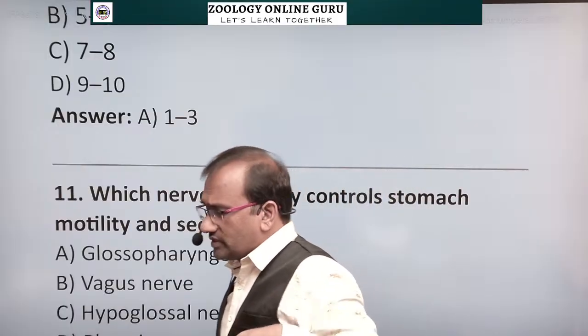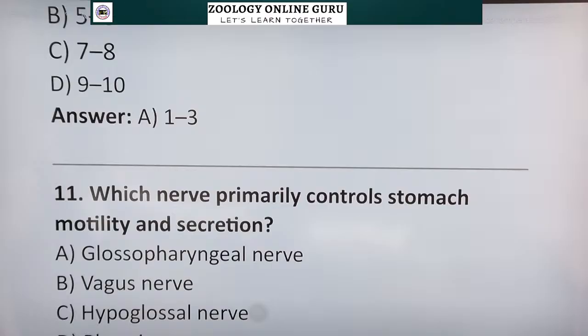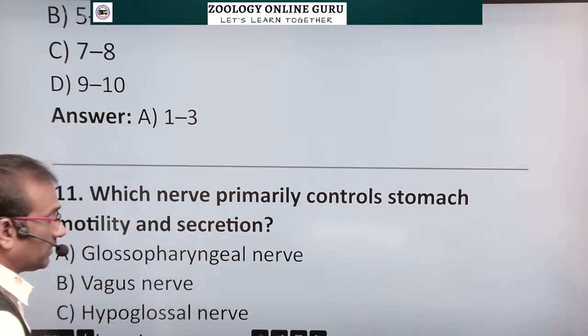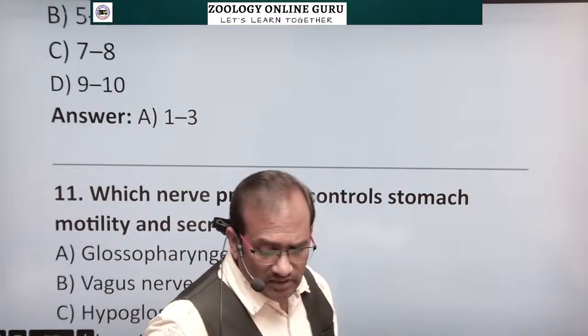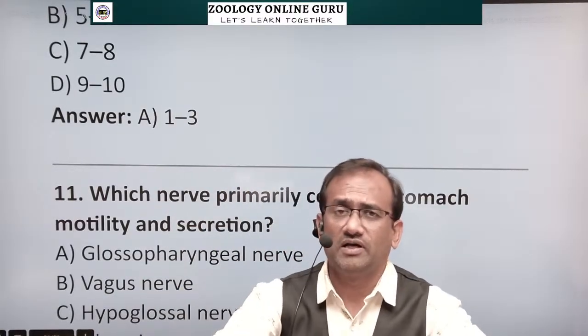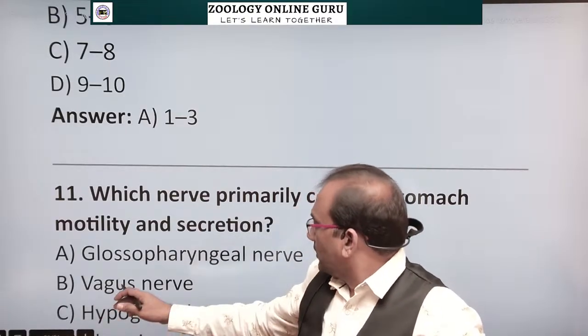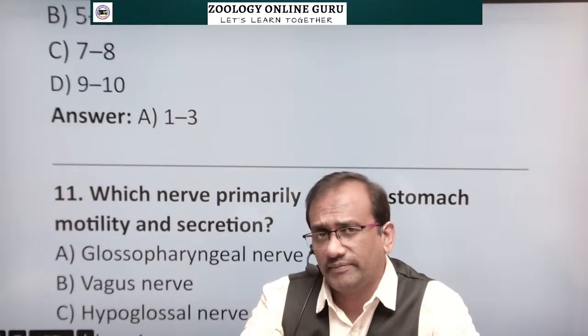Which nerve primarily controls stomach motility and secretions? Glossopharyngeal nerve, vagus nerve, hypoglossal nerve, phrenic nerve. If you know the answer to question number 11, tell me.